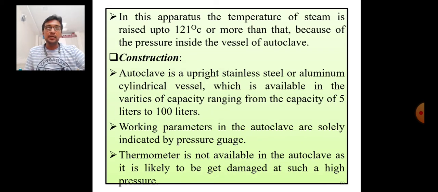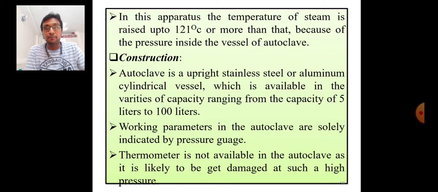In this apparatus, the temperature of the steam rises up to 121 degrees Celsius or more because of the pressure inside the vessel of the autoclave. Try to understand. The steam generated in the autoclave comes from water. What do we put in the autoclave at the beginning? Before starting the process of autoclaving, we place water at the bottom of the autoclave.